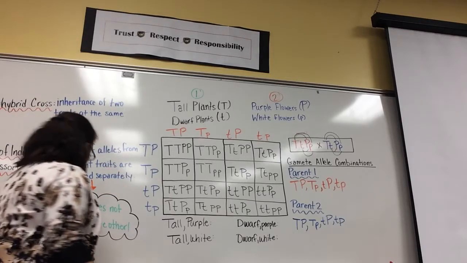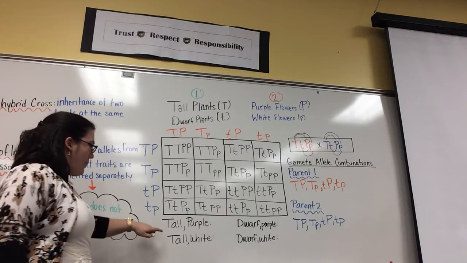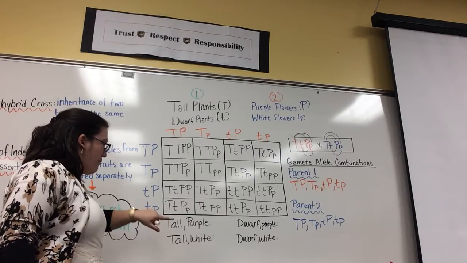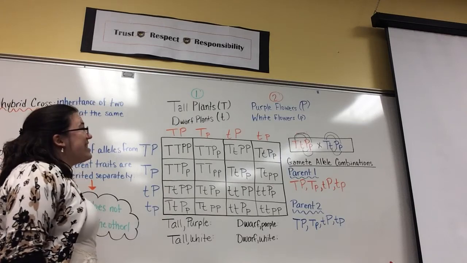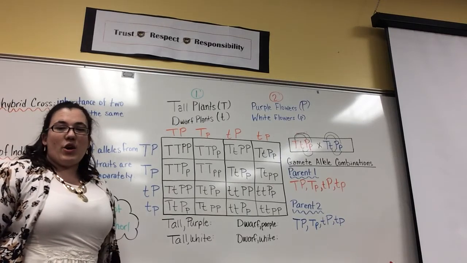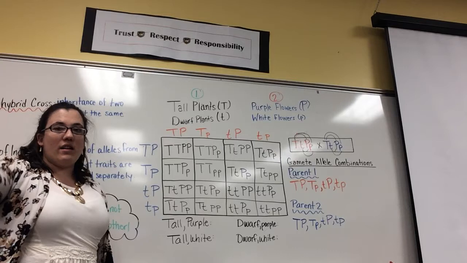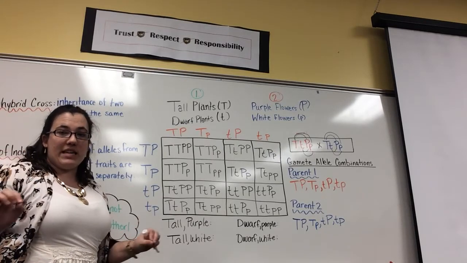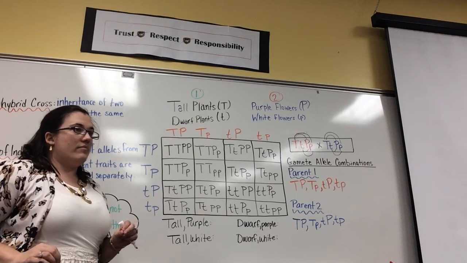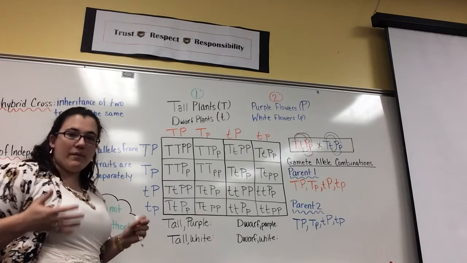So first, let's start out with orange, and we're going to talk about how many could be tall and purple. Now, remember, tall is dominant and purple is dominant. So with dominant, you only need 1 dominant allele for each trait to actually express that dominant trait.